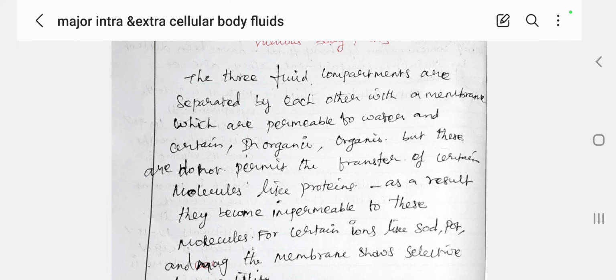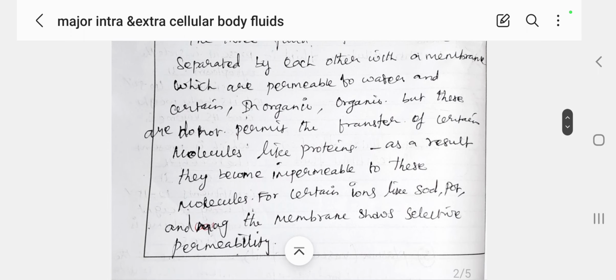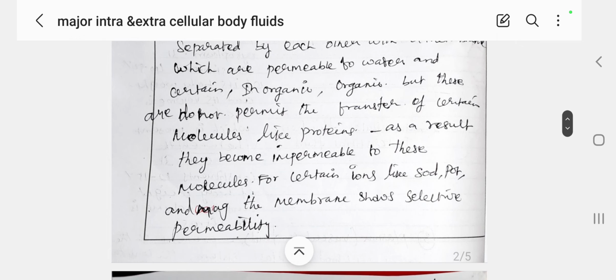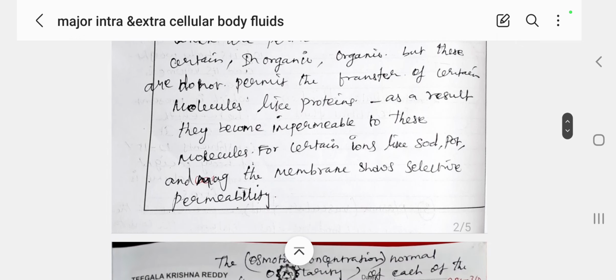As a result, they become impermeable, which means the membrane will not allow them to pass. For certain ions like sodium, potassium and magnesium, the membrane shows selective permeability.